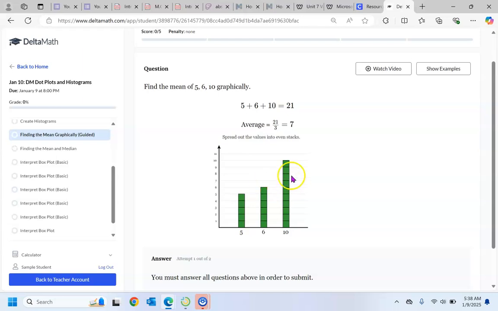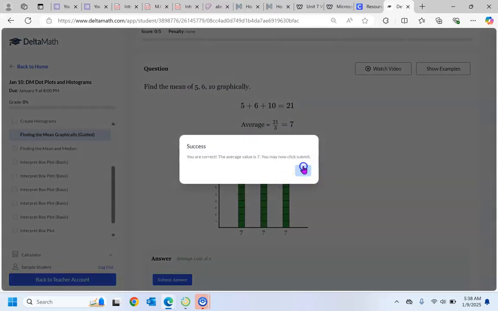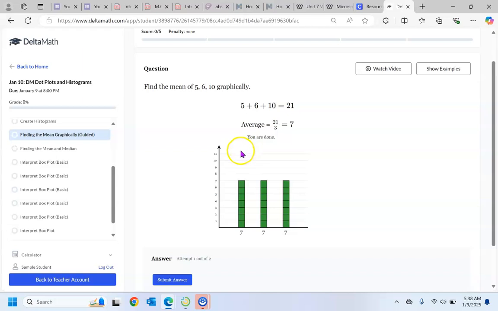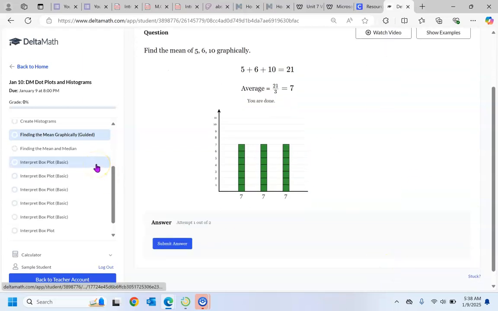And now you spread them out. And so I think this will help you guys make sense of what average means, which means like has to be like an even split between all of those numbers. Okay, so see how I took all of those values, okay, and I leveled them out. That's what adding them up and dividing by 3 is. So basically, I think it's a good way to visualize it.